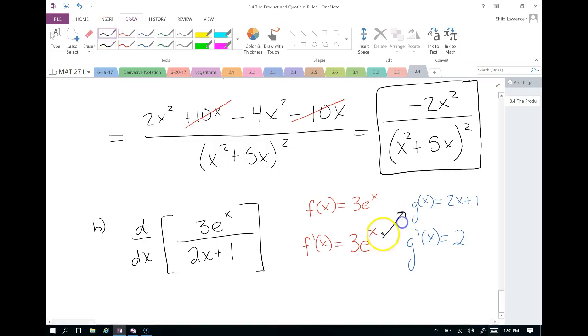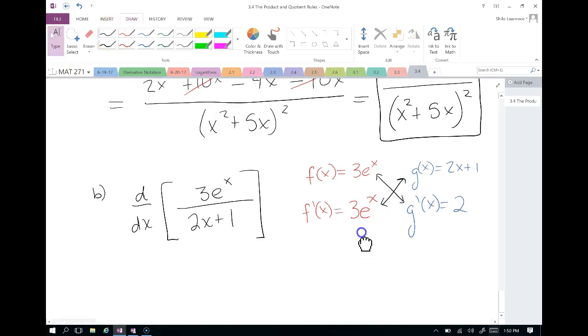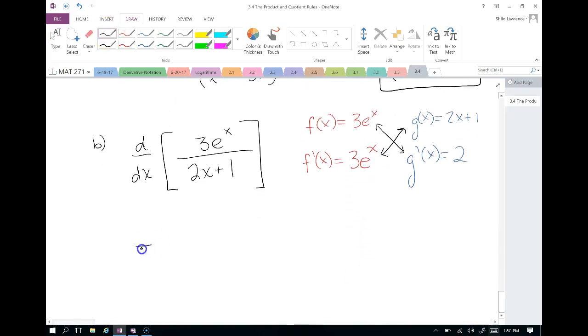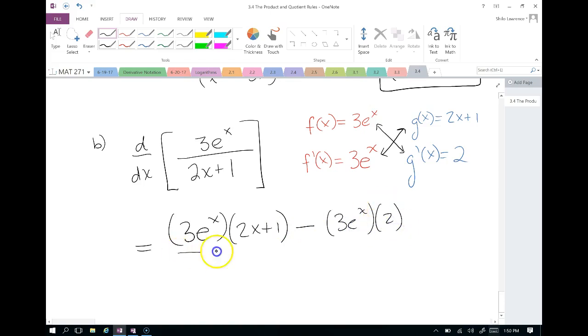And we need to crisscross these guys. And we start with f prime. So I've got 3e to the x times 2x plus 1 minus 3e to the x times 2, all over g squared.